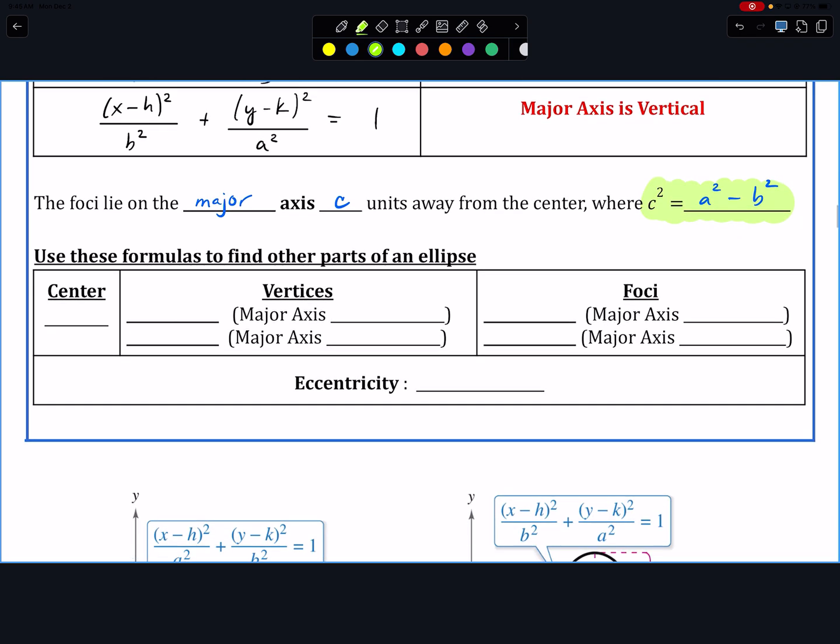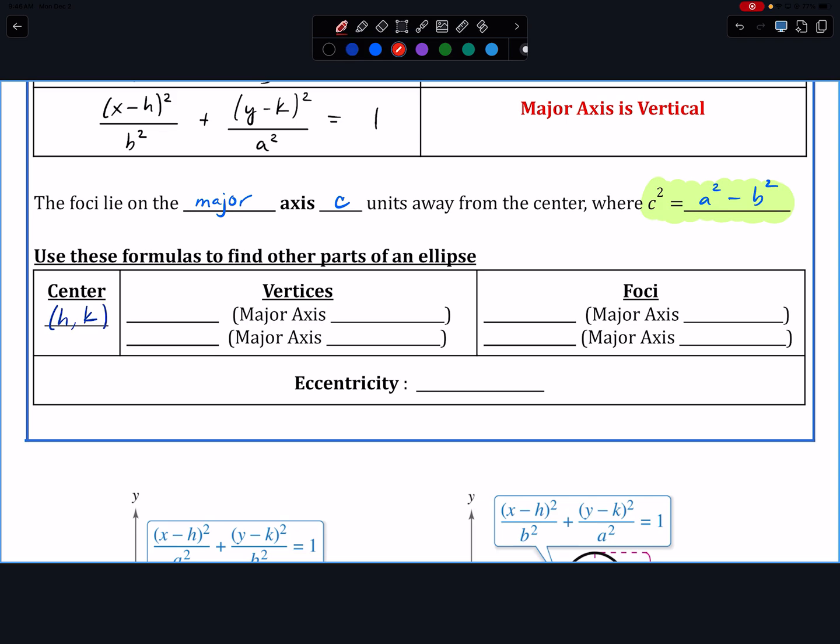All right. So we want to use these formulas. So how do you find the vertices? How do you find the foci? The center is always h comma k, no matter what. Okay?